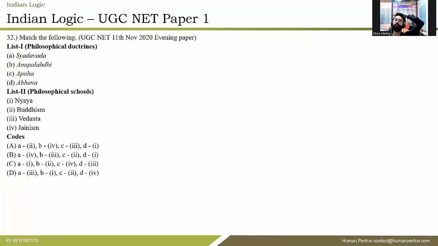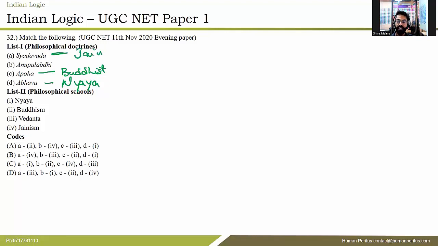Now, this question talks about philosophical doctrines and the different schools where they belong. Apoha and Abhav, we have already studied before. Apoha was based in the Buddhist school. Abhav was based in the Nyaya school. Now, Syadvada is a new term. We have actually discussed Syadvada also before.